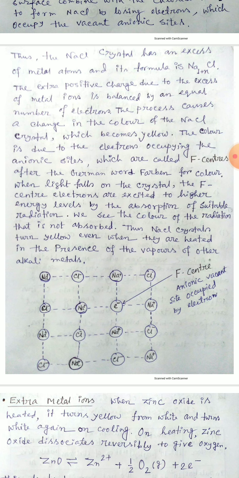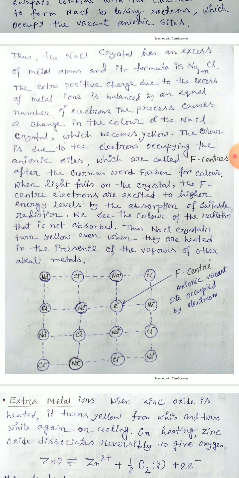The process causes a change in color of the NaCl crystal, which becomes yellow. The color is due to the electrons occupying vacant anionic sites.